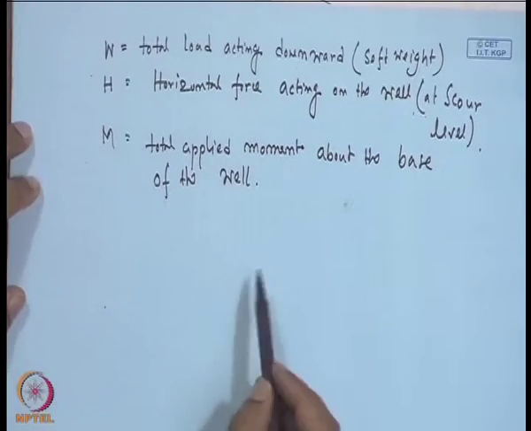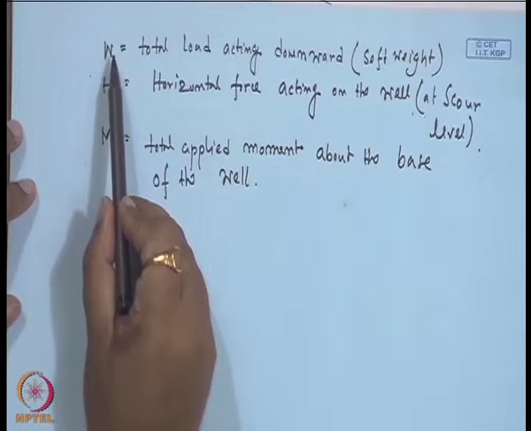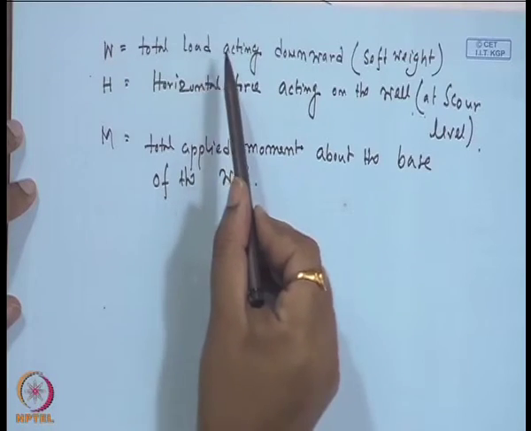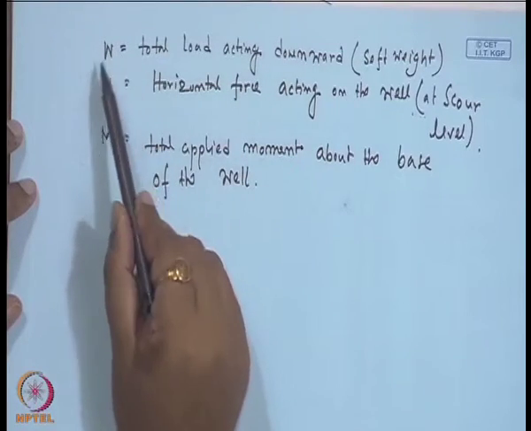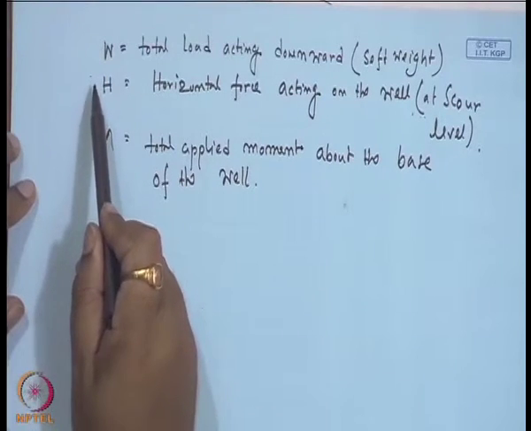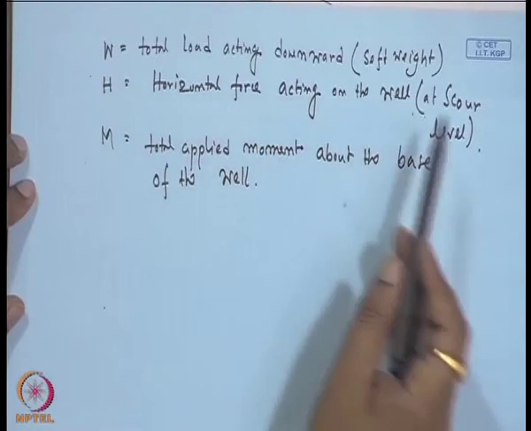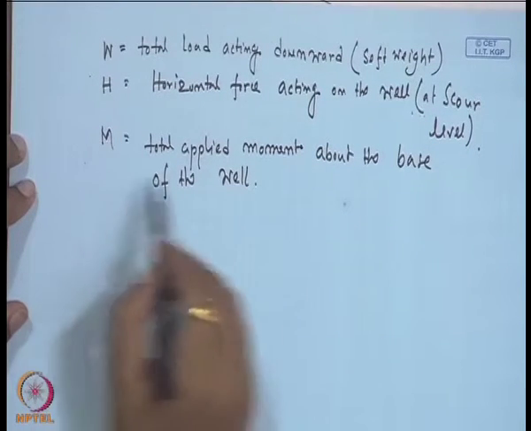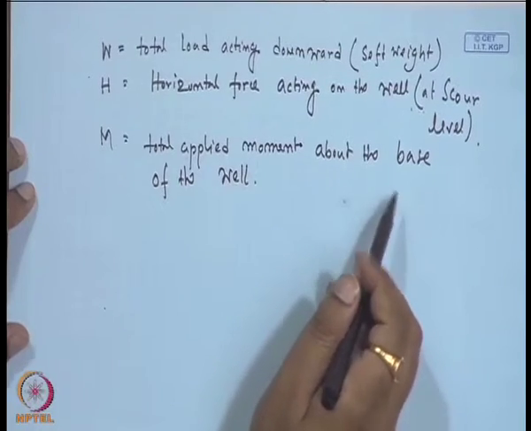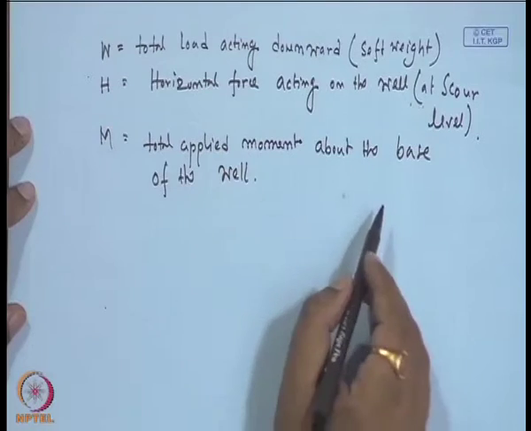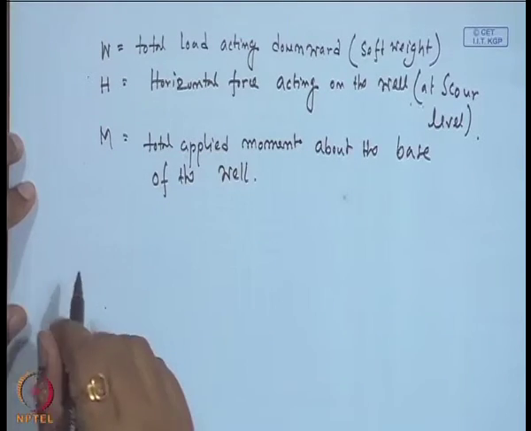So we should know the total vertical load acting downward including the shell weight, the horizontal force acting on the well at scour level, and the moment applied at the base of the well. Once we know these three components, the total load and the moment, we can check whether the well is laterally stable or not.